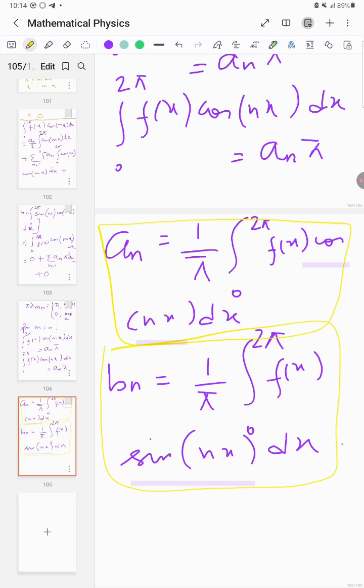So what we have done here is we have learned how to bring out the expression for a naught, an, and bn, the three coefficients of Fourier series. All right, this was our target.